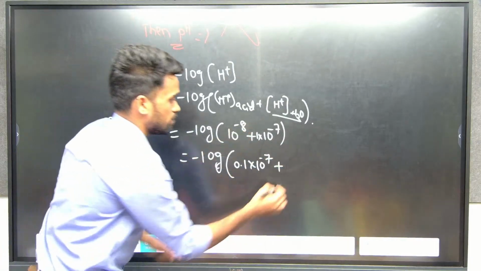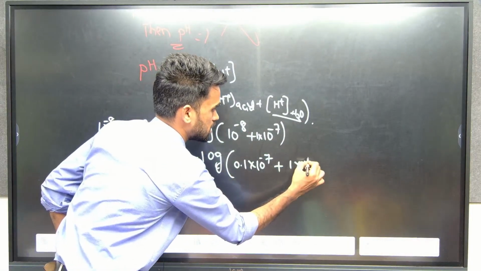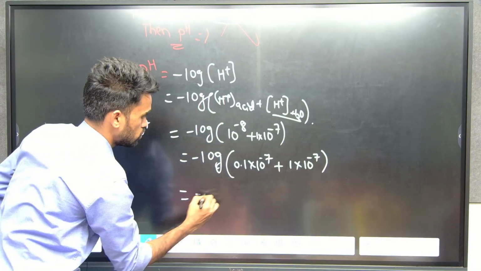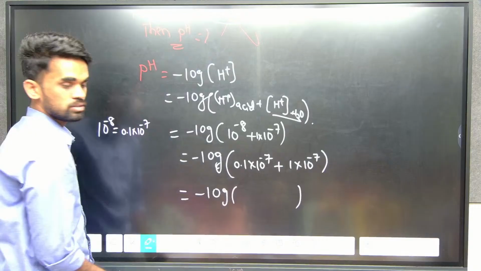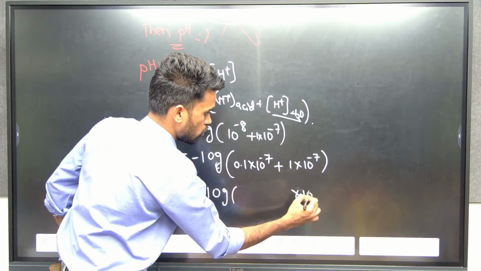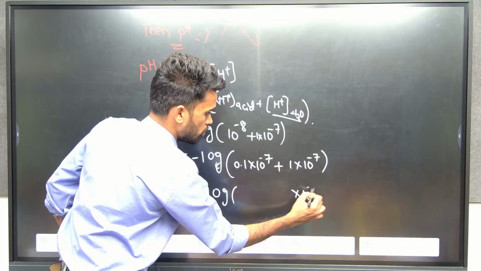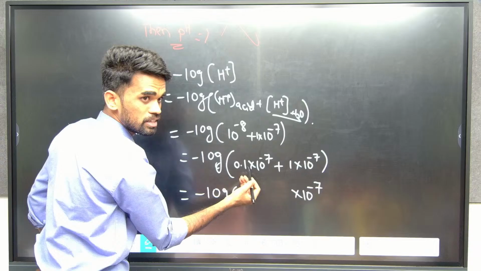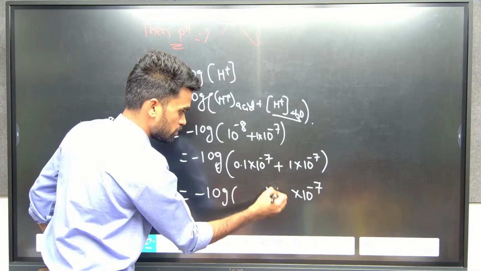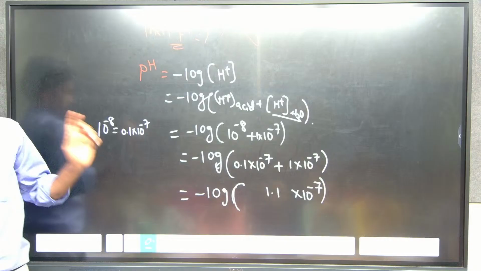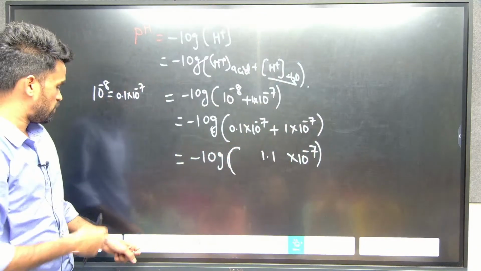Can I write 10 power minus 7 as 1 into 10 power minus 7? Yeah. So minus log, what number can I take common here? 10 power minus 7 is common. Now what is left here? Add these, that is what I said until now: 1.1 into 10 power minus 7. Okay, so now apply that log ab formula.